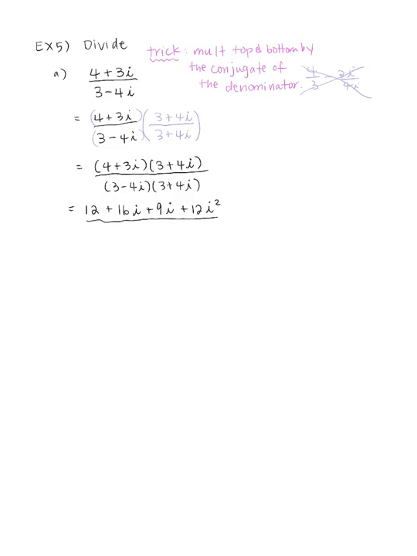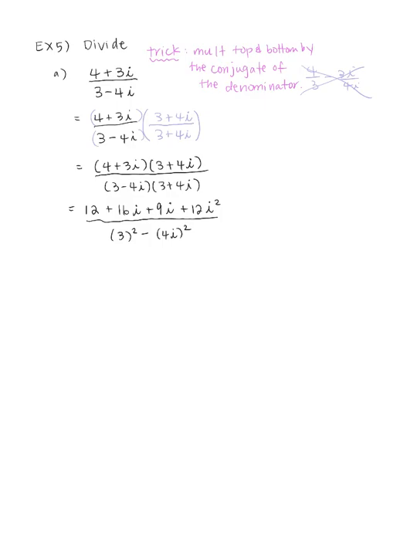Now I'm going to use the shortcut, which is the difference of two squares method, to multiply the two conjugates on the denominators together. So here what we're going to get is 3 squared minus 4i squared. Now if you don't want to do that, that's fine. Just FOIL it out and you're going to get the same answer anyways.